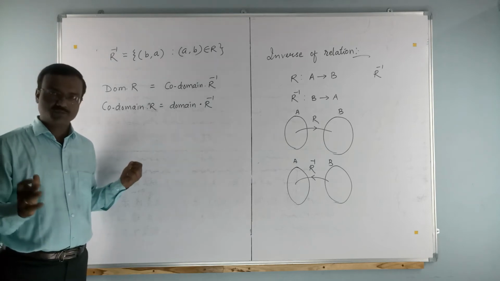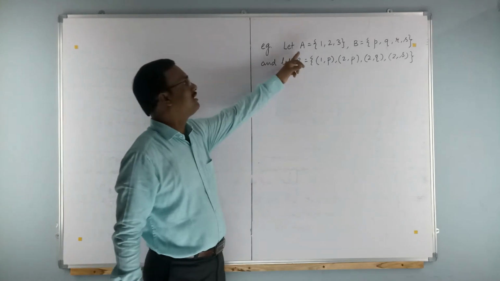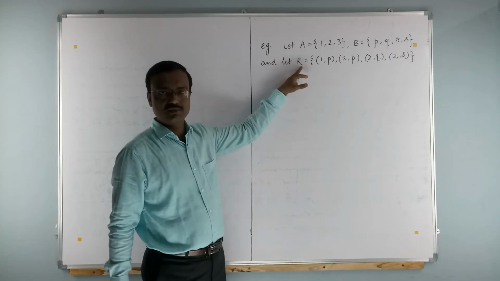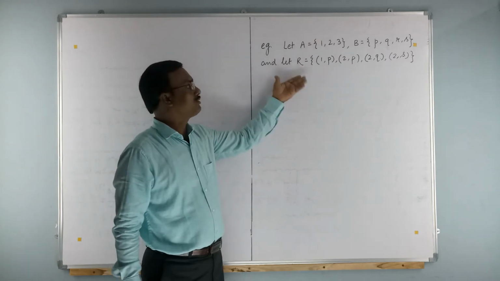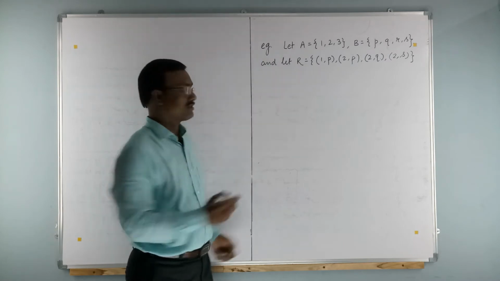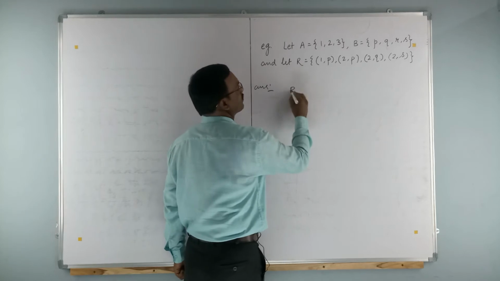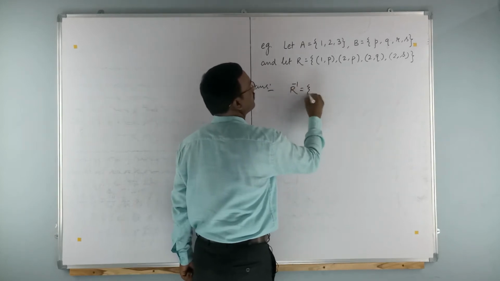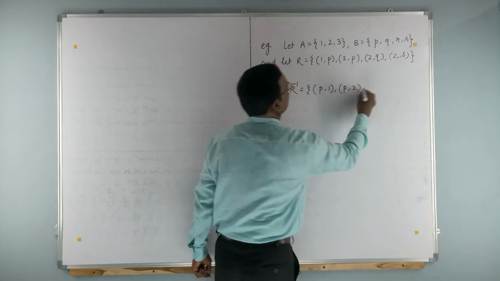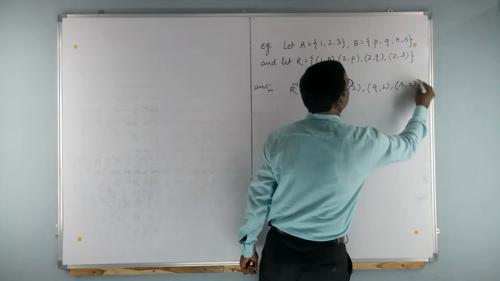Let us see an example on this. Consider this example, students. In this case, A is the set having elements 1 to 3, B is {P, Q, R, S}, and this is the relation you can see. Then what will be the domain and range of the inverse relation? What will be the inverse relation? Since R is this, the inverse relation R inverse will be (P,1), (P,2), (Q,2) and (S,2).